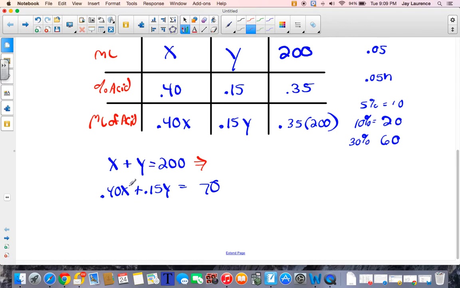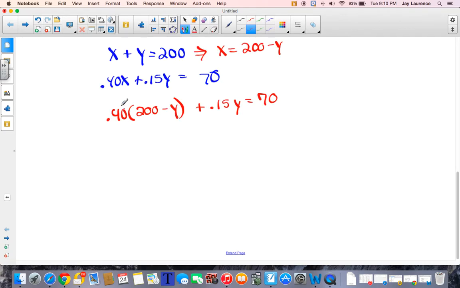I think I'm going to solve for x because I would rather multiply by 40% than multiply by 15%. So x is going to equal 200 minus y. So I'm going to take 0.40 and put 200 minus y in there, and then plus 0.15y. That'll equal 70. All right, so now I'm going to distribute here, right?